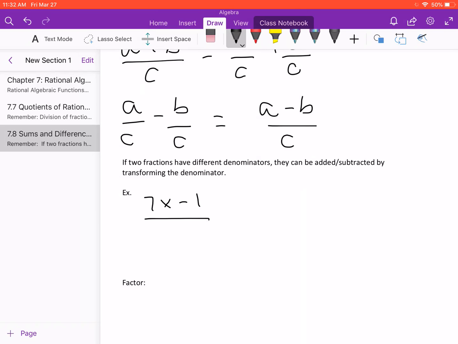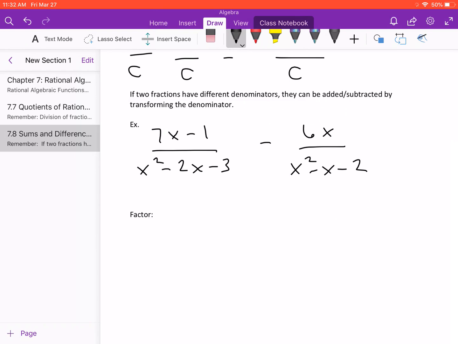So if we have (7x minus 1) over (x squared minus 2x minus 3), minus 6x over (x squared minus x minus 2). The first thing we want to do is factor those denominators.